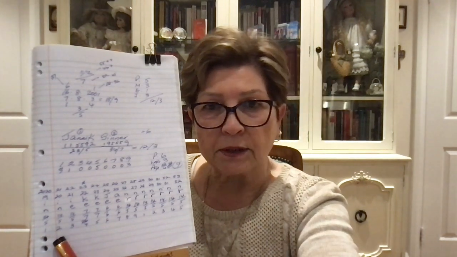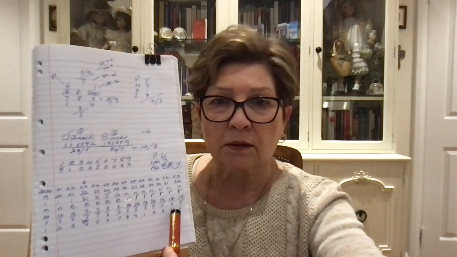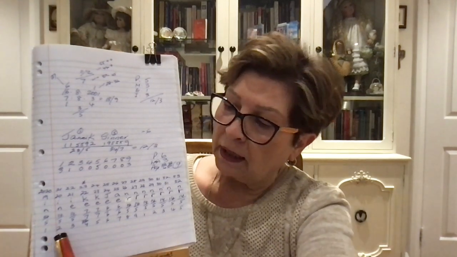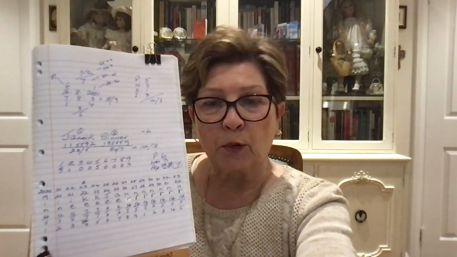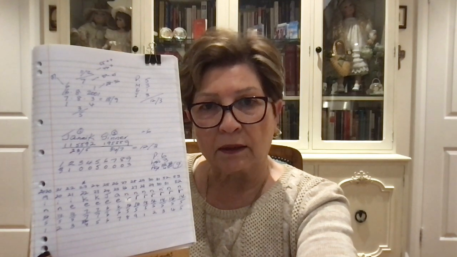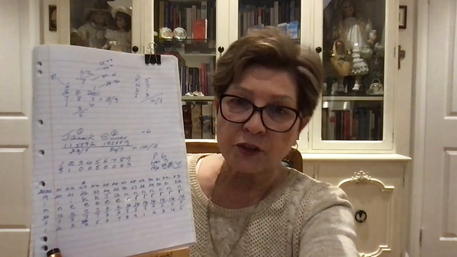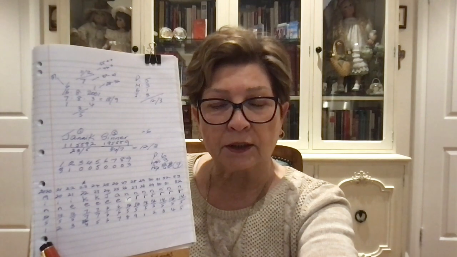Now, this set of numbers here, right on the bottom line, is his personal year numbers, a cycle of events. This is a very important area, and it is one area of the chart that can stand alone. And why is it so important?